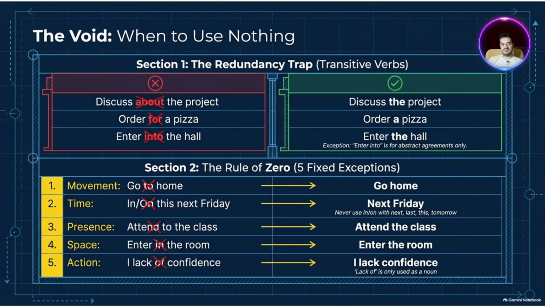There is also a void. A void is when you should not use a preposition. These are also very important for you to learn. In the first section, as you can see, we have the redundancy trap, where you have transitive verbs. A transitive verb is when that verb can accept a direct object. How can you know if a verb is transitive or not?